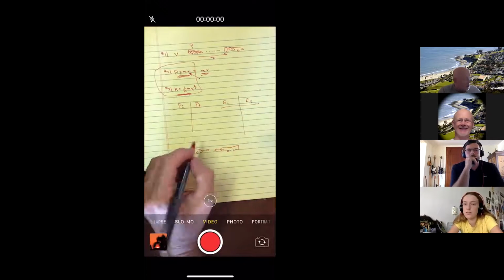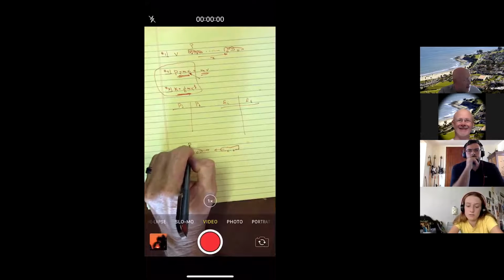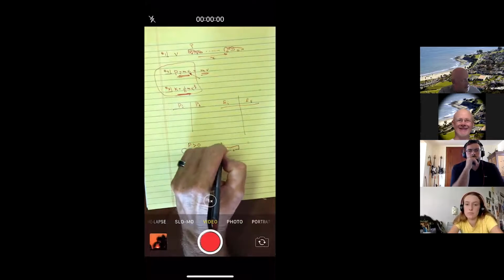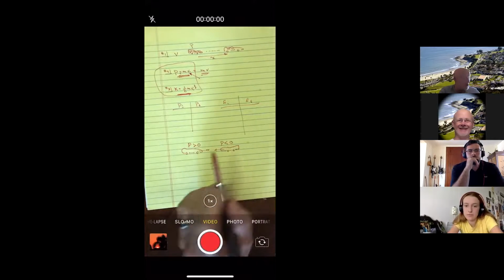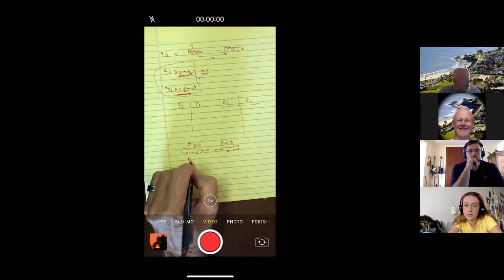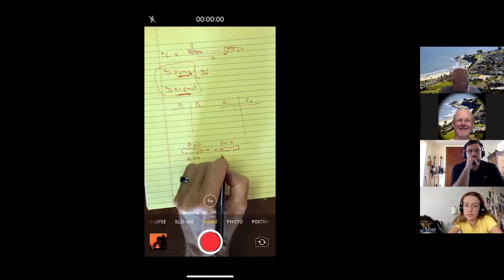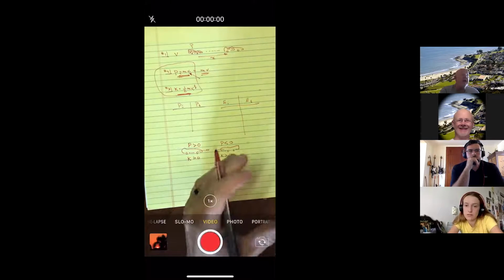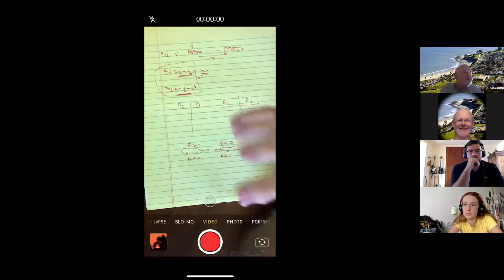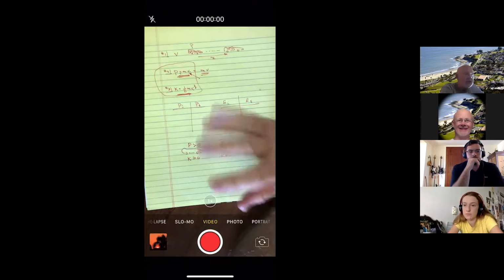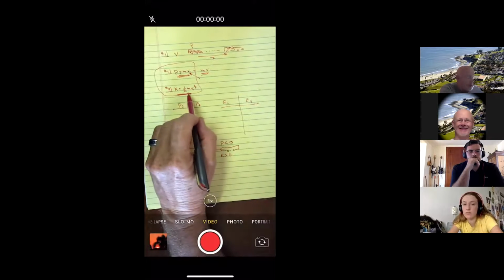So I put it this way: this one might have positive momentum and this one might have negative momentum. One's greater than zero and one's less than zero. But when I go to do the kinetic energy, they are both greater than zero, and so the total kinetic energy is always a positive number. This was a weird question in the sense that it was trying to get you to see kinetic energies will never be negative.